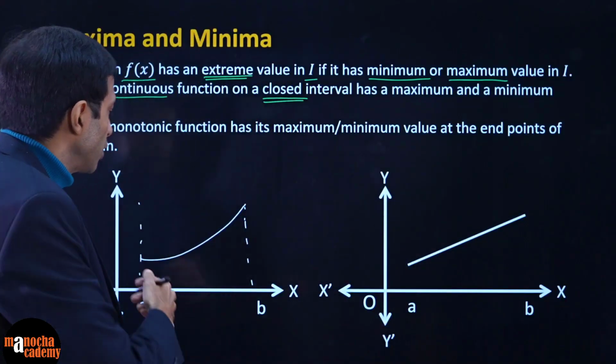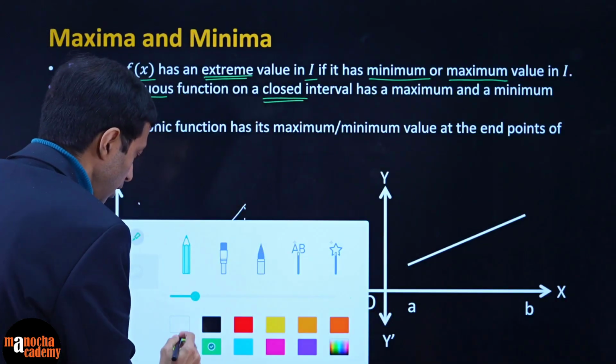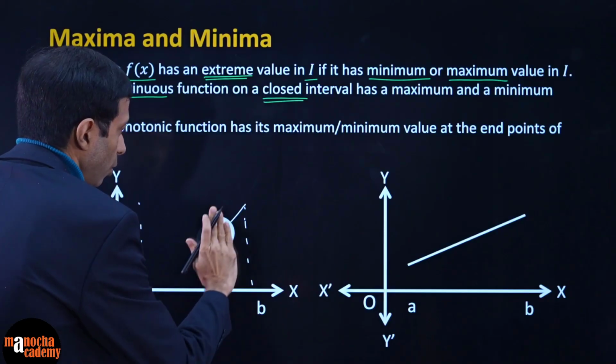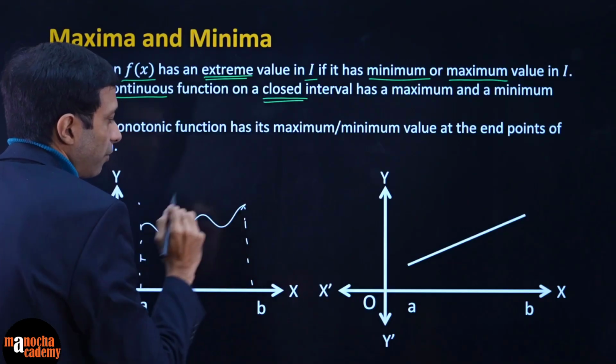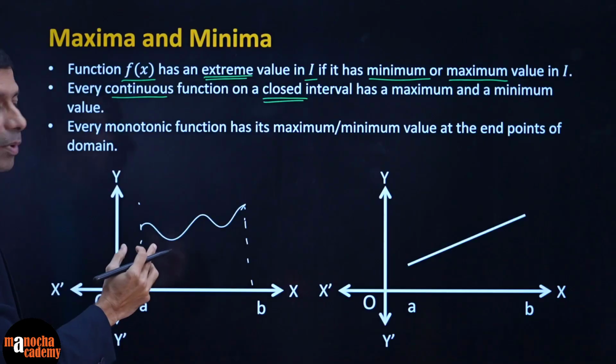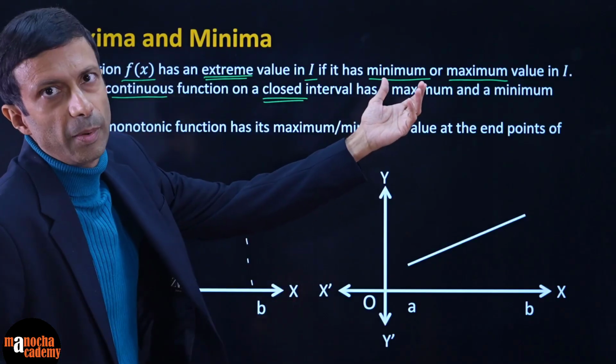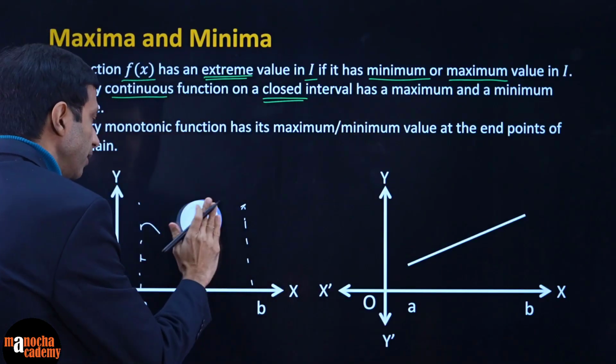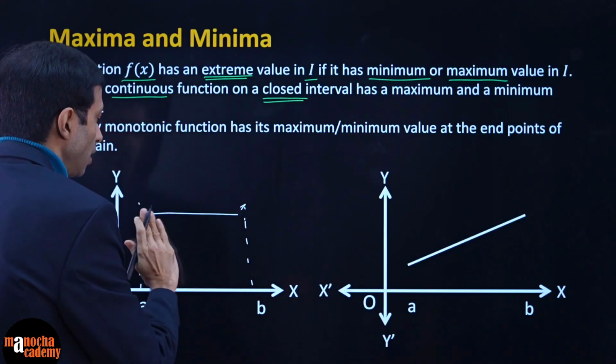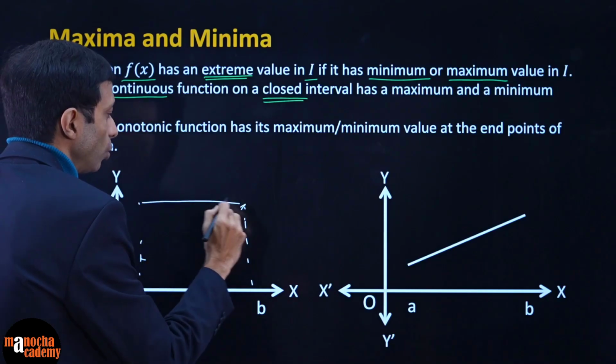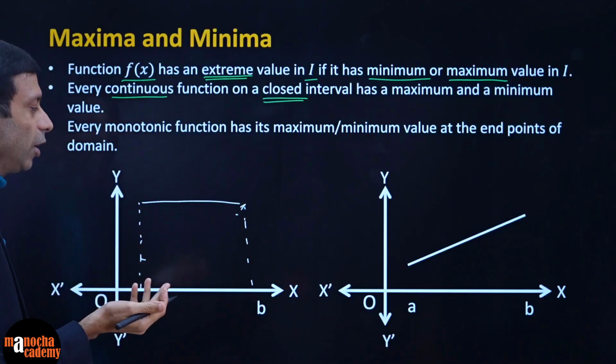Any graph that I draw, you will always get some maximum, you can find some minimum value. Or even if it's a flat line, an extreme case, both maxima and minima are equal to the constant value.